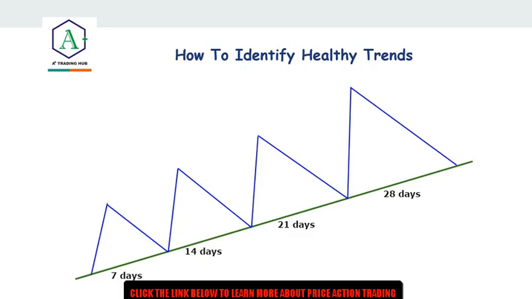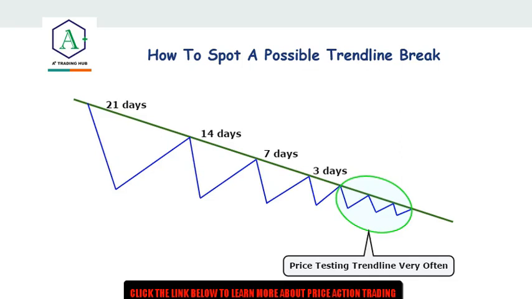So let's also look at how we can spot a trend that will reverse very soon. Now look at this other illustration here. Instead of price taking time before retesting the trend line, rather it doesn't take much time. The first one took 21 days before price retested the trend line. The second one 14 days. So you see the period of time price takes to retest the trend line is reducing.